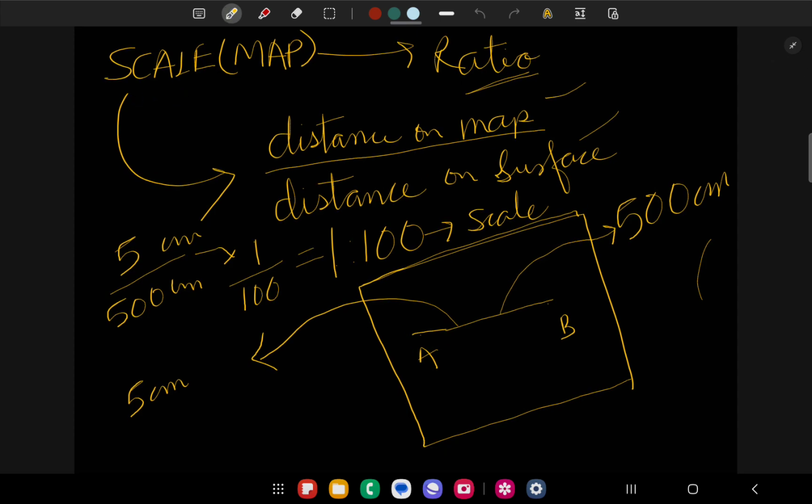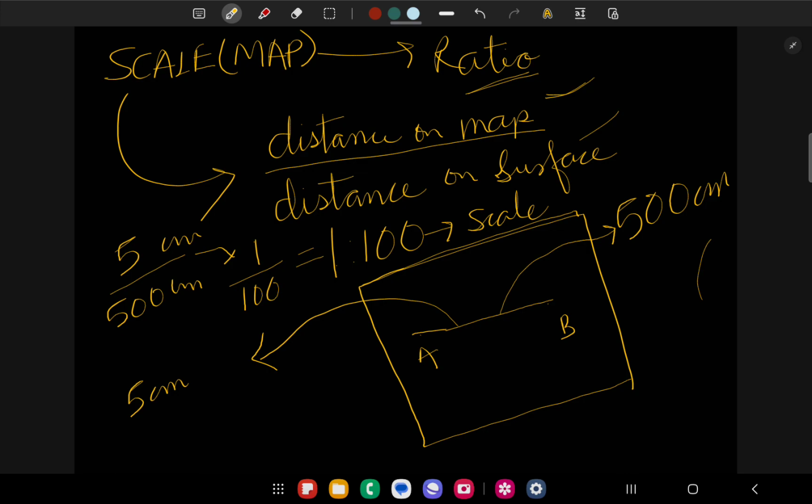A scale of a map is a ratio between a distance on a map upon a distance on a surface. It is a ratio between these two distances. So let's take a map and I take 2 points, that is point A and B, so I join it with a line.